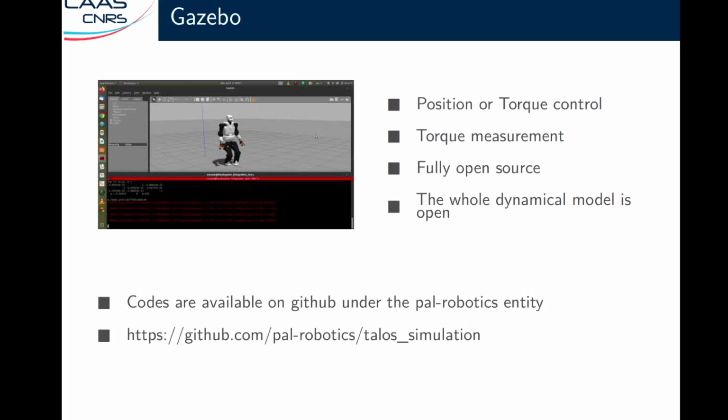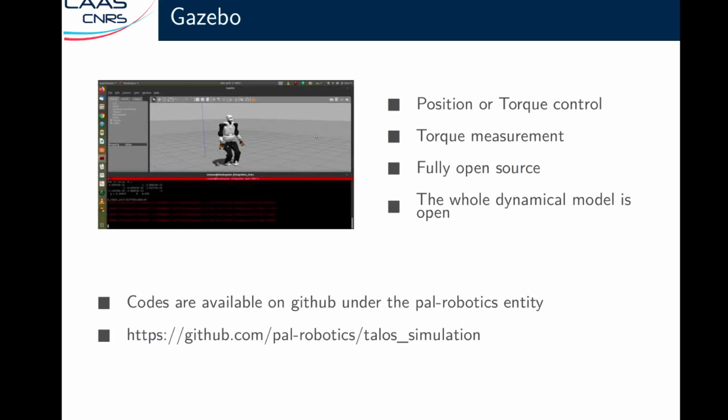As a sensor, you're going to get torque measurements, and all the software infrastructure is fully open source. Therefore, you're going to get the whole body dynamical model open, which includes the inertial parameters, the length of the links, center of mass position, and so on.